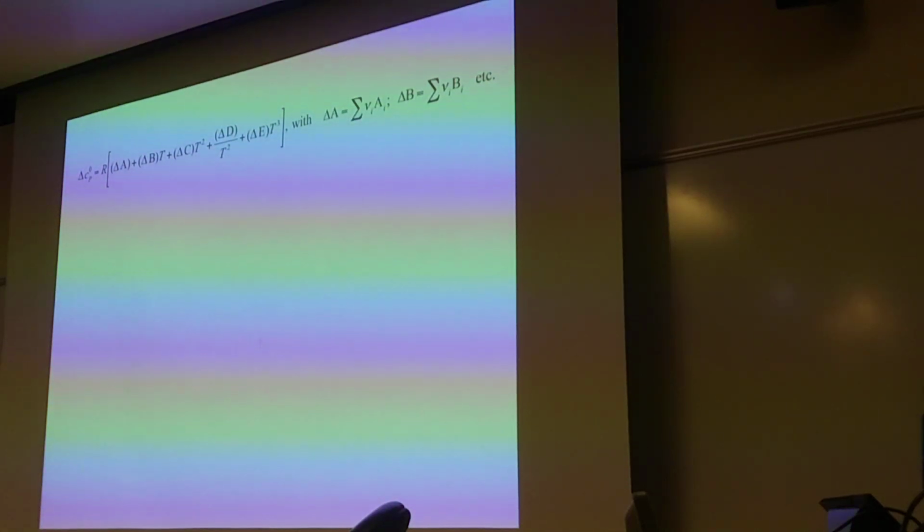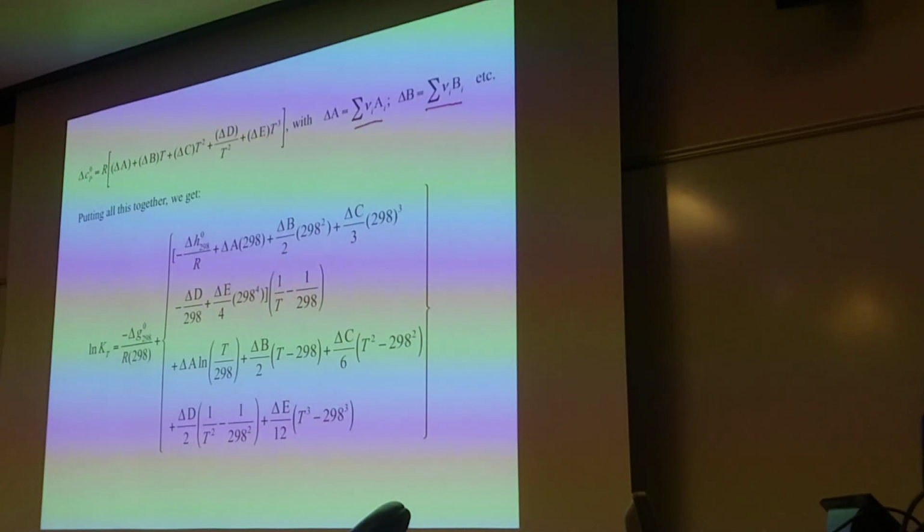So if I write it out, then delta CP looks like this, where we now remember these deltas, delta A, delta B, and so on, are all calculated in the same way. These are like property changes of reaction constructed by that same formula. Now we put all of this together and it looks fairly hideous.